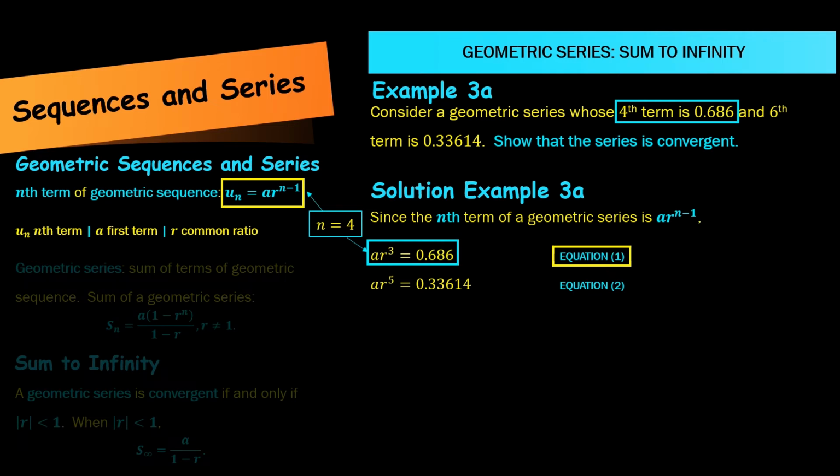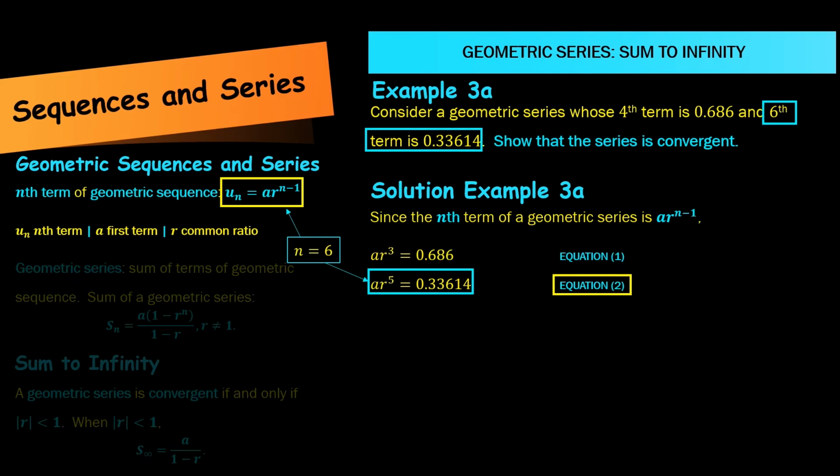We're going to call this equation 1. We also have that ar to the power 5 equals 0.33614, and this is because the sixth term is 0.33614, and we're going to call this equation 2.